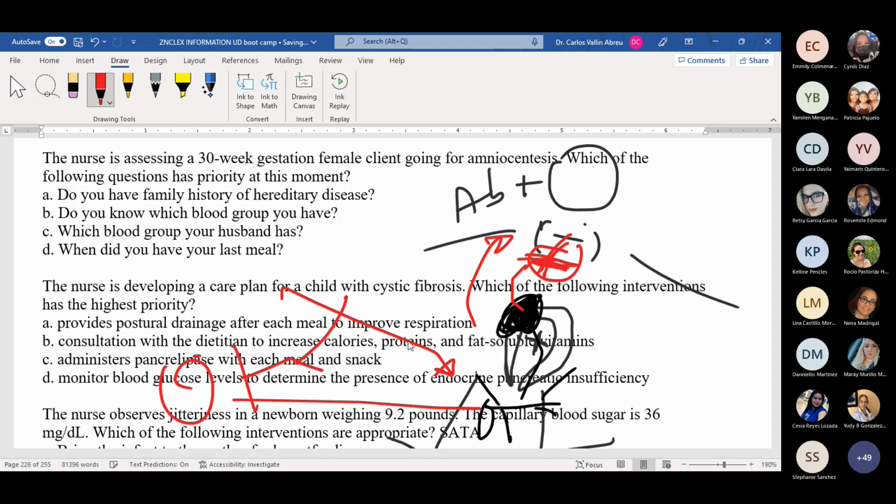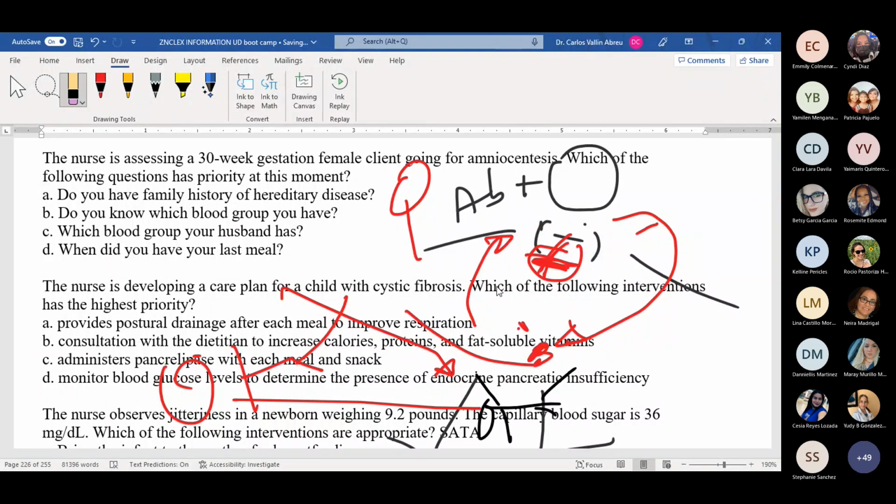But the blood of the baby passed to the mother in the moment of birth, and since this moment, after delivering the baby, the mother will start producing antibodies. Of course, the baby is outside, no problem. But then the next baby that is going to be in this uterus, the second pregnancy, is going to be harmed by the antibodies that the woman is already producing.